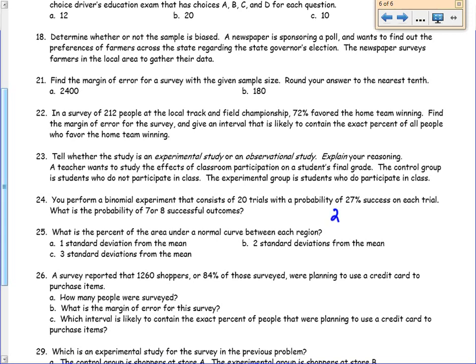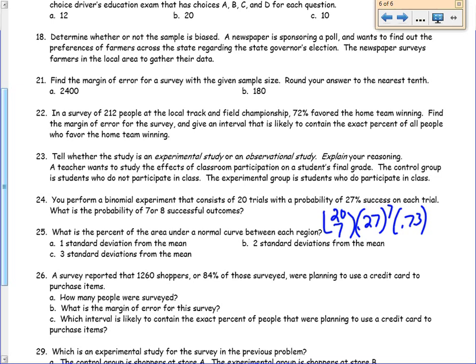20, where did I get 20 from? 20 trials. 7, where did I get 7 from? 7 right. 0.27, where did I get 0.27 from? Success. How many successes? 7. 0.27 to the 7th. 0.73, if 0.27 is success, 0.73 is failures.